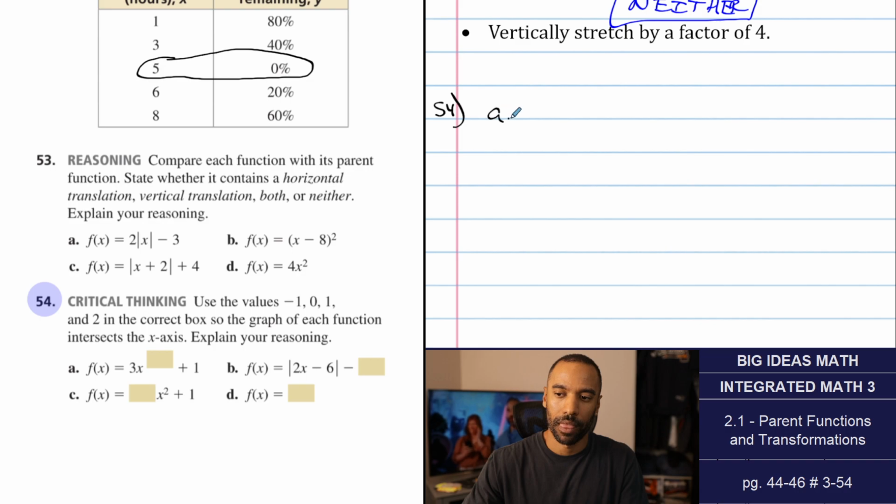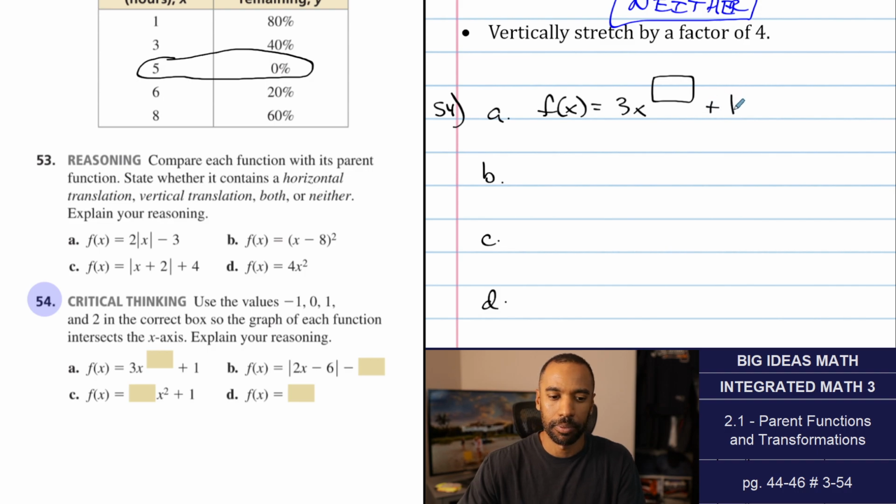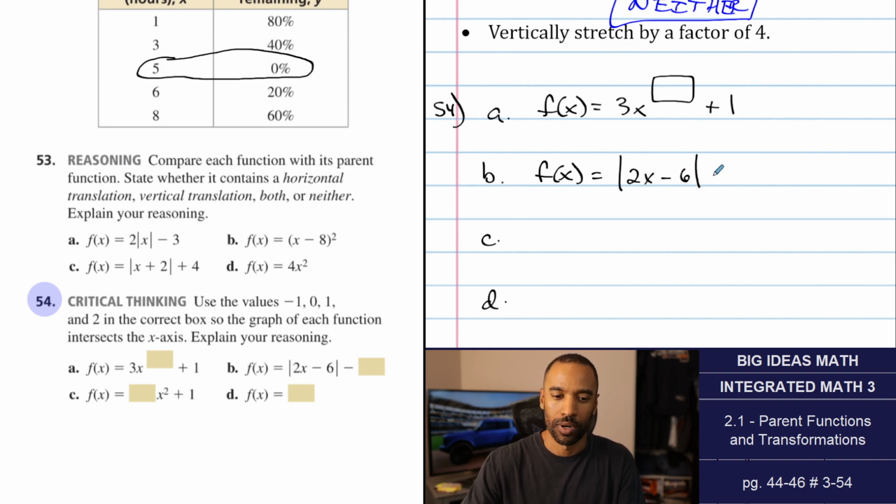All right, so part A, part B, part C, part D. So part A says f of x equals 3x, I think that's raised to some power, plus 1. Part B says f of x equals absolute value of 2x minus 6. Oh, we're definitely going to be getting into horizontal. Oh, hold on. That's a minus here.